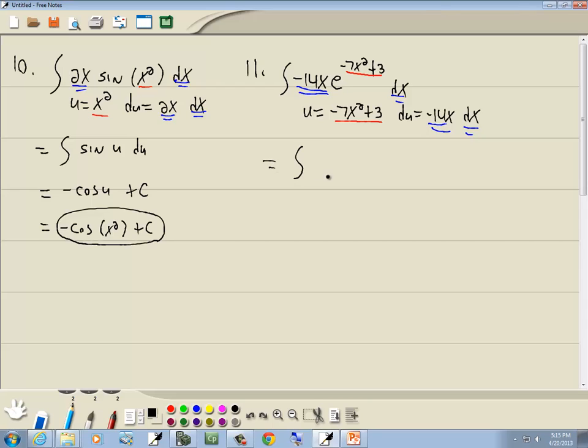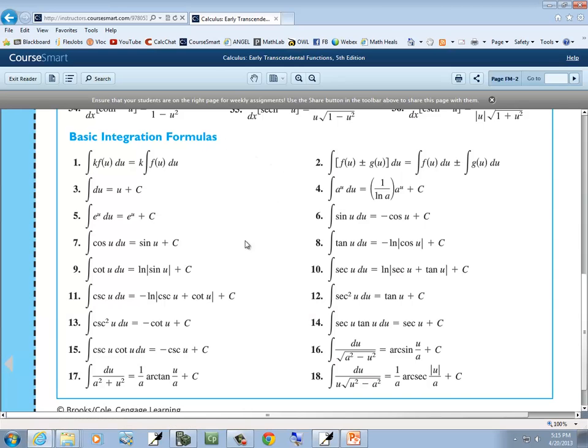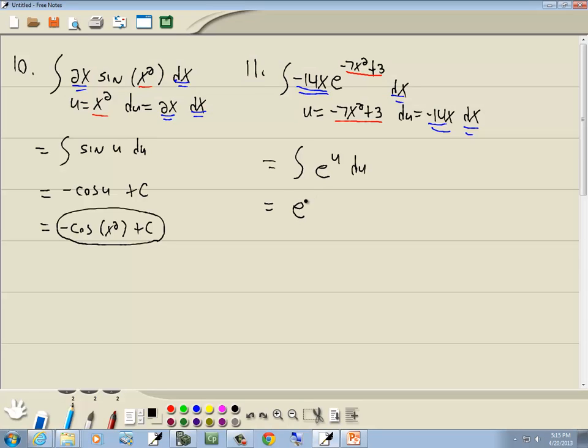This becomes the integral of e to the u du, which is easy. The integral of e to the u is e to the u plus c. So this is going to be e to the u plus c, and u up above we said was negative 7x squared plus 3. So we're going to have e to the negative 7x squared plus 3 plus c. And that's our answer.